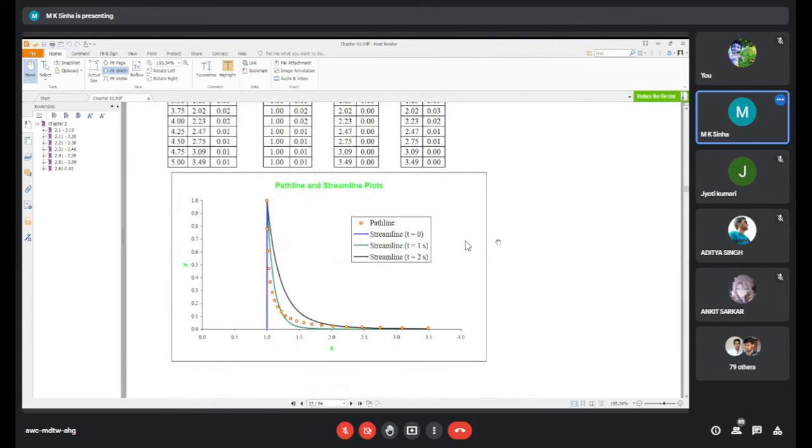This is your graph, so you can fill it in by plotting yourself. In the examination, you can draw it approximately, roughly, not exactly. Or you may draw the path line and streamline, and give different line styles, dotted, point, continuous line.